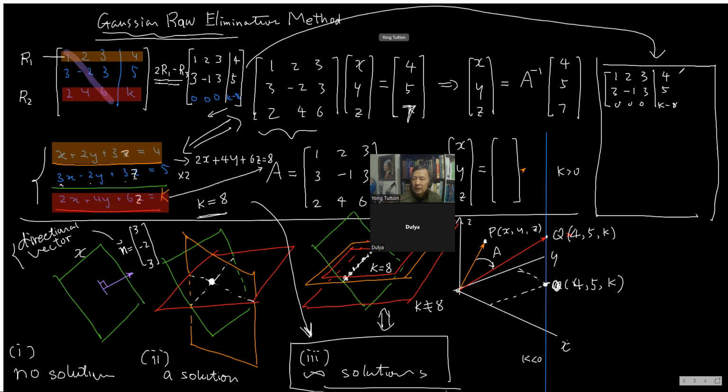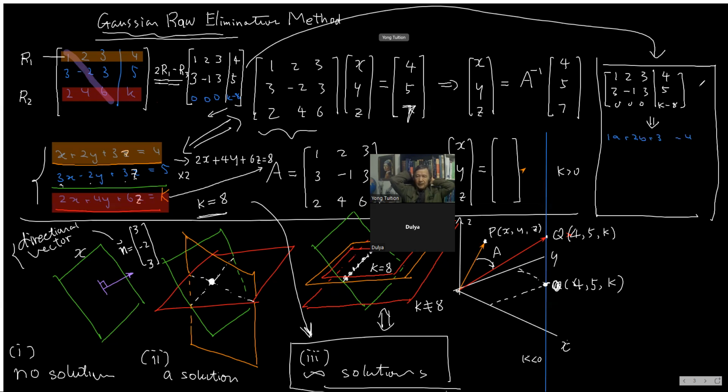Can you construct the simultaneous equations based on this matrix form? First equation, yes.